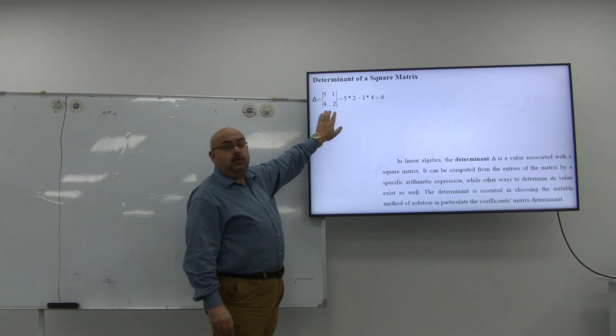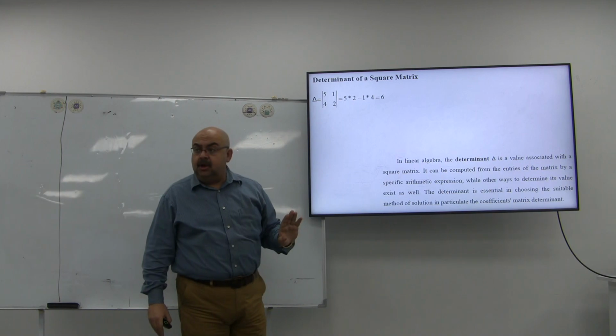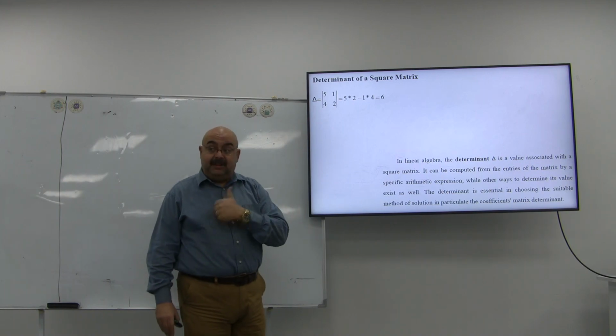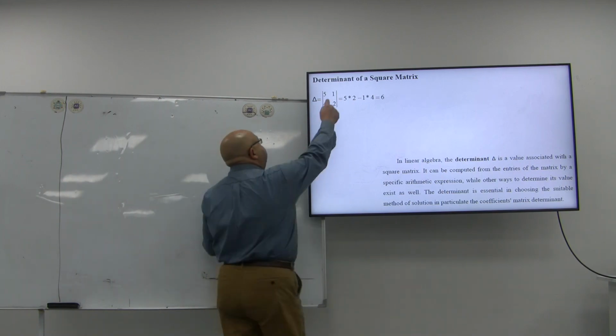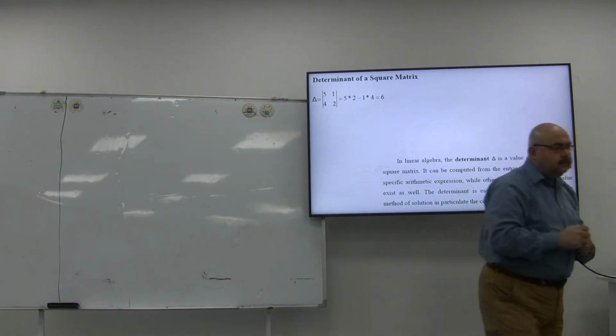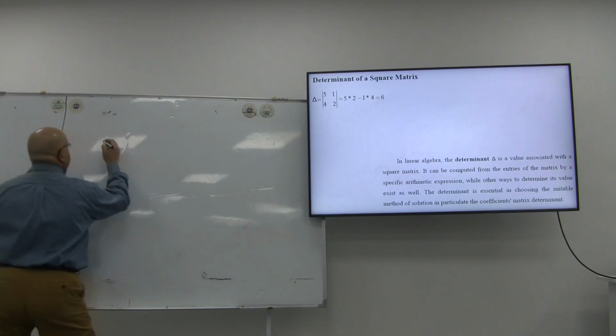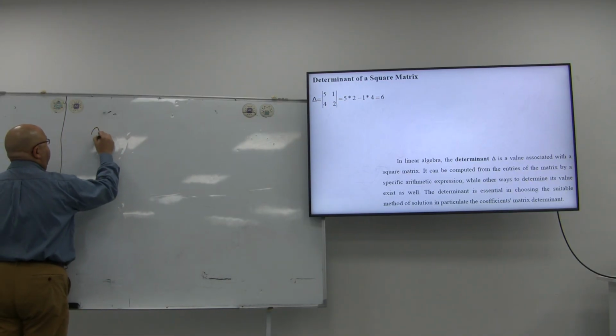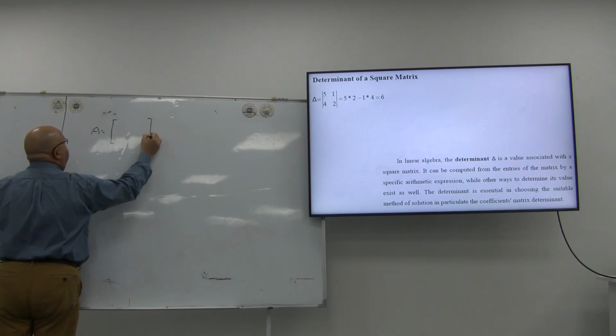In order to get a determinant, very quickly, I will go step by step. For a 2 by 2 determinant, all of us know from our study of matrices that if this is a matrix, I will write it this way. The matrix A, that's the bracket of a matrix.